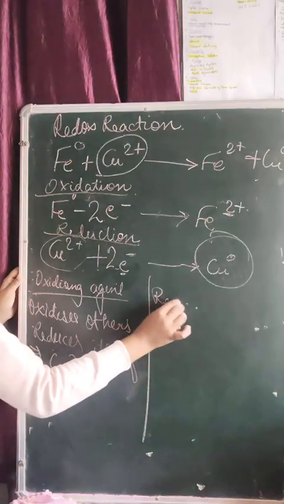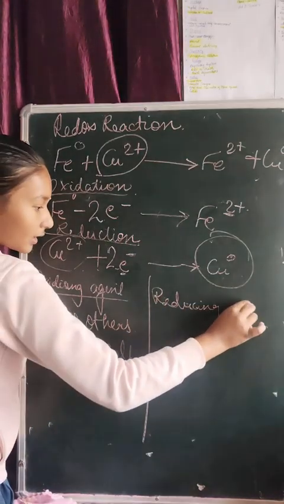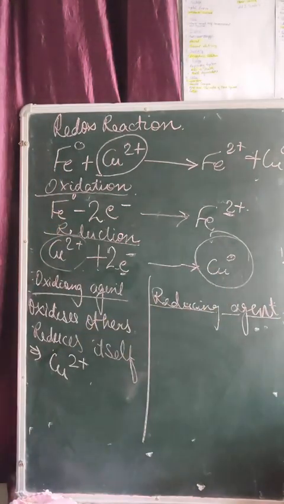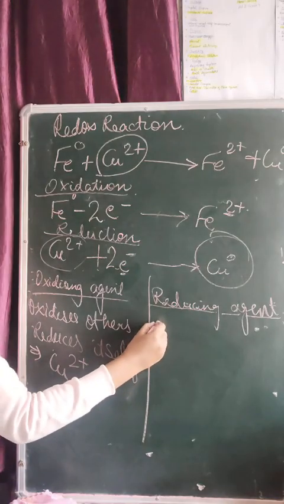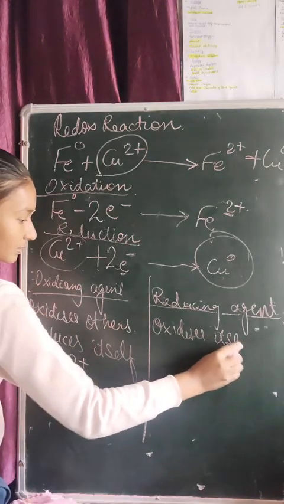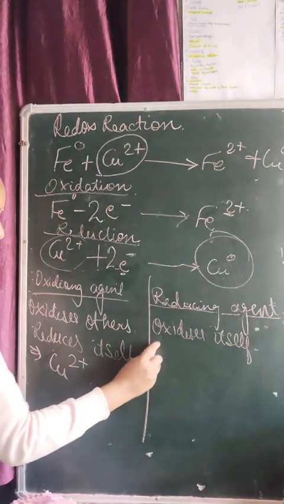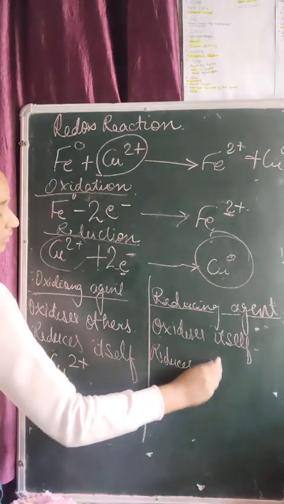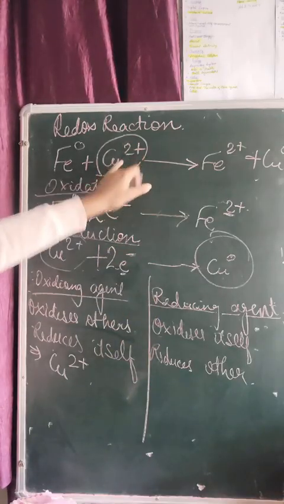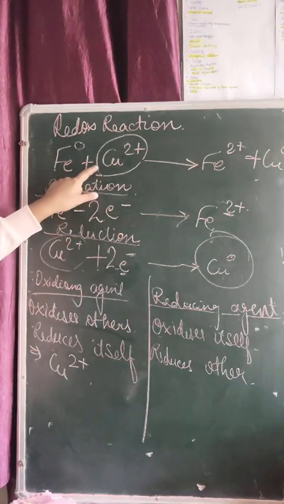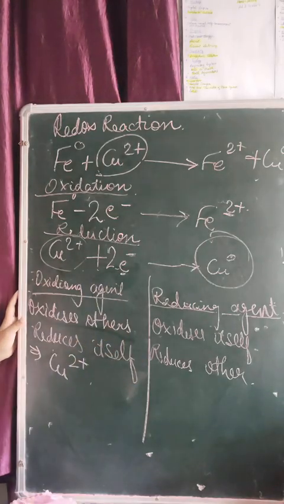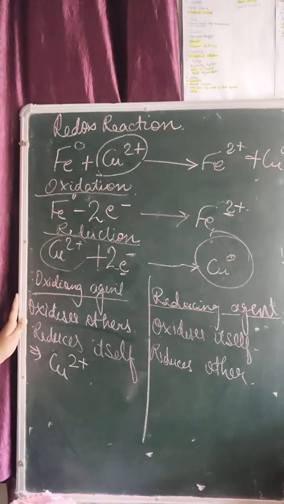Now the reducing agent. This oxidizes itself and reduces the other. It is oxidizing Fe.